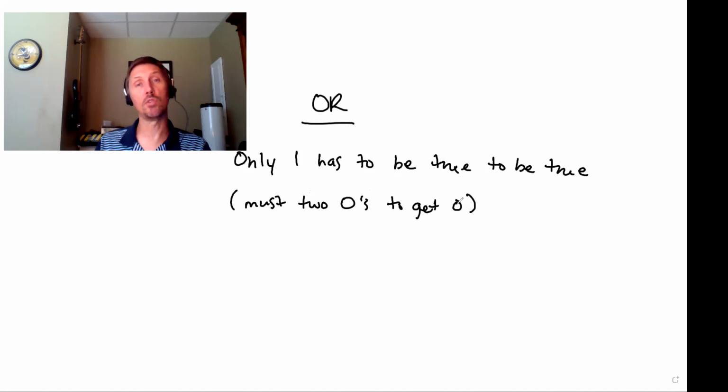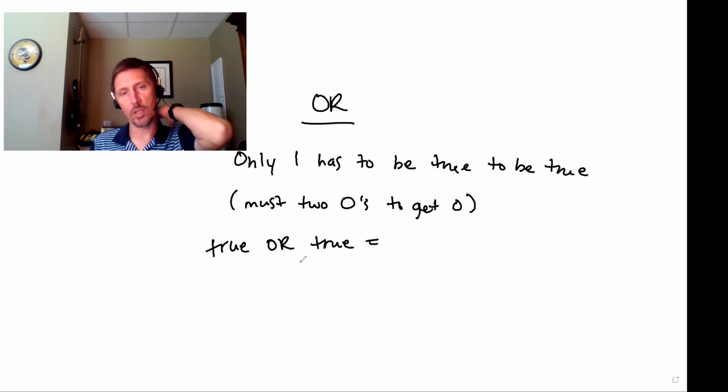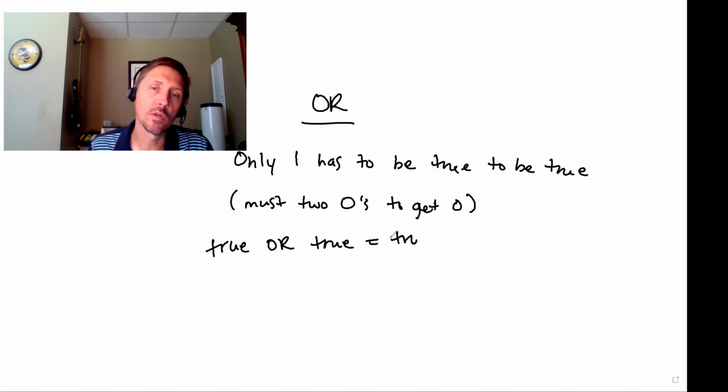Just like before, you had to have 2 trues or 2 ones to get a true or to get a 1. Now with an OR, you've got to have 2 falses to get a false, or 2 zeros to get a 0. All right. So if we had, like we had before, true OR true, when you do that mathematical operation using Boolean logic, true OR true is going to give you a true, because all we need is one of those guys to be true, right? So 1 OR 1 equals 1.